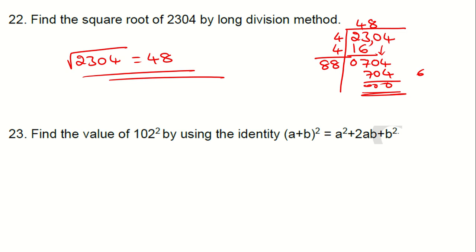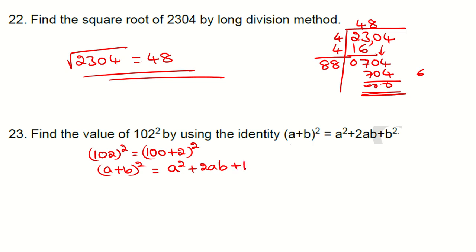Then find the value of 102 whole square by using the identity a plus b whole square. So 102 whole square can be written as 100 plus 2 whole square. First I write the formula: a plus b whole square is equal to a square plus 2ab plus b square.